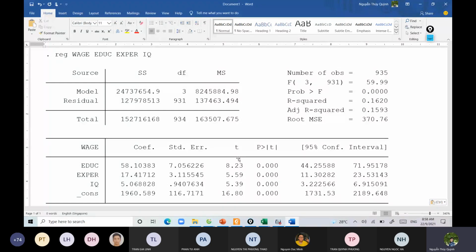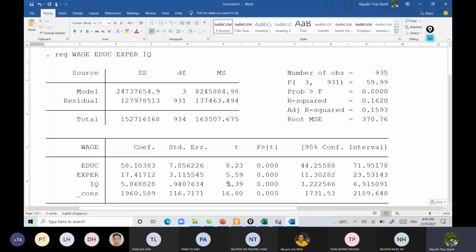Usually we want to see whether this independent variable actually has an effect on the dependent variable, or whether this independent variable has a positive or negative impact on the dependent variable or not. Those are what researchers usually want to find in their research.